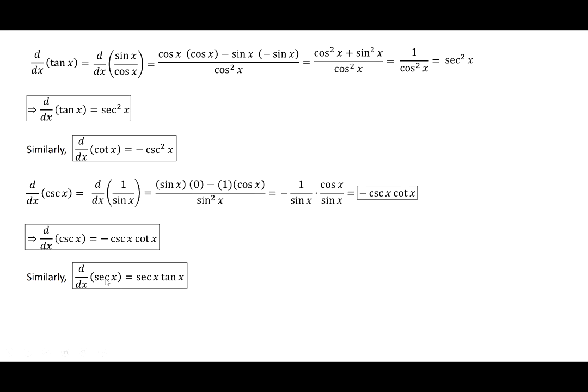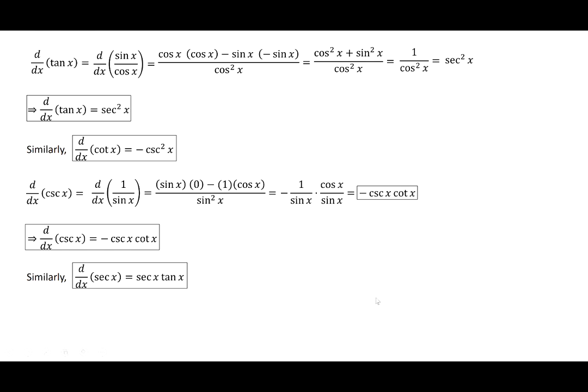Well, you write secant x as 1 over cosine x, kind of like how we wrote cosecant x as 1 over sine x. And how do we find the derivative of cotangent x? Just like for tangent x, we wrote sine x over cosine x. For cotangent x, we will write cosine x over sine x and then work with it.